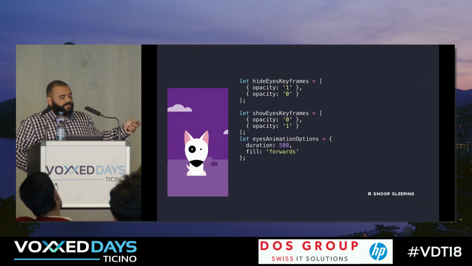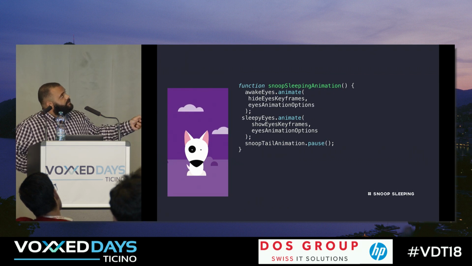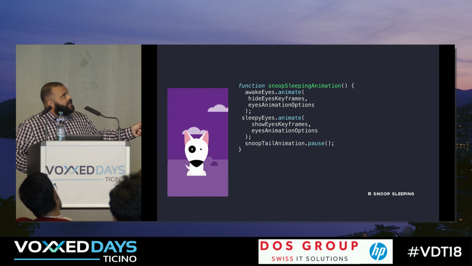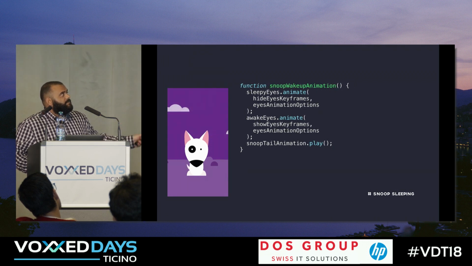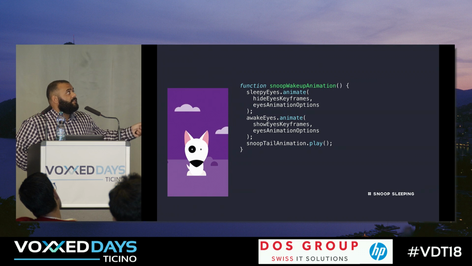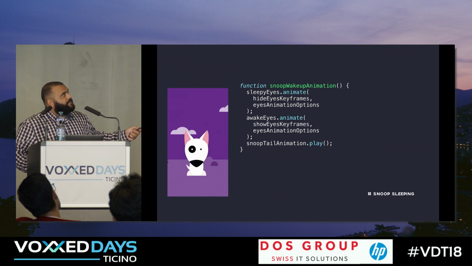I have the keyframes definition again, and for the animation to make him sleep, I would hide the awake eyes, then I would show the sleepy eyes and pause this animation here. And it will make him stop shaking the tail. And to make him awake, it will be the same, but just the other way around. I will hide the sleepy eyes and then show the awake eyes and play the tail animation once more.